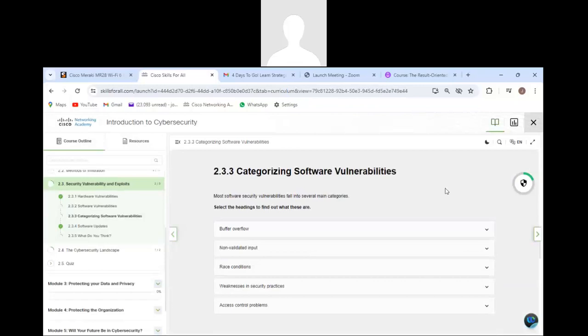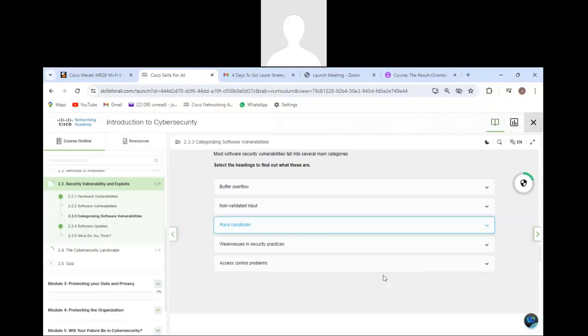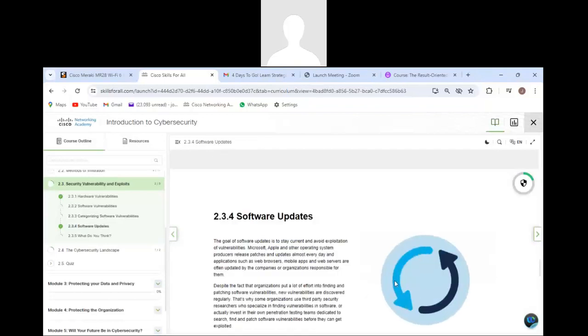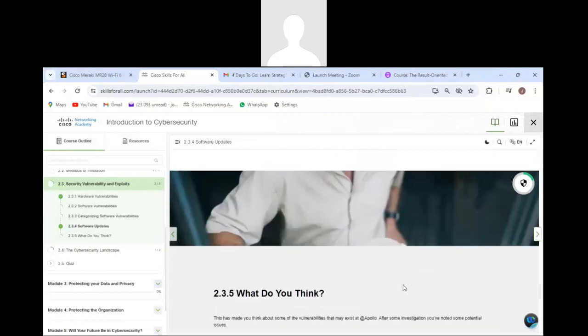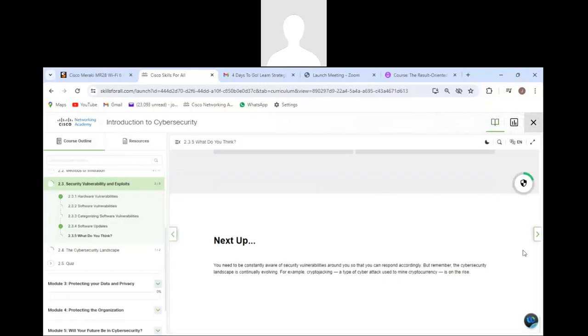We buy the original licensed software, licensed OEMs. We don't just go for cracked software and the rest of that. So we have software updates. Update your software from time to time.